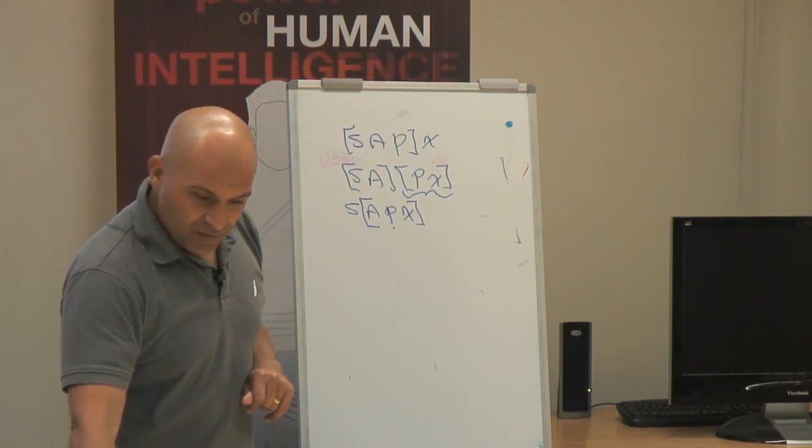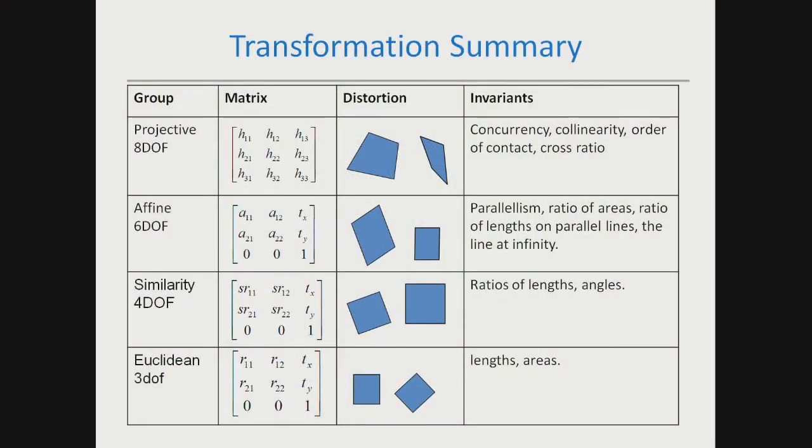Okay. Now let us refresh your memory about the transformation hierarchy. We have the least constrained one, which is the projective transformation, which is represented like this in general. The only thing preserved is collinearity, which by itself is not hard to take advantage of.